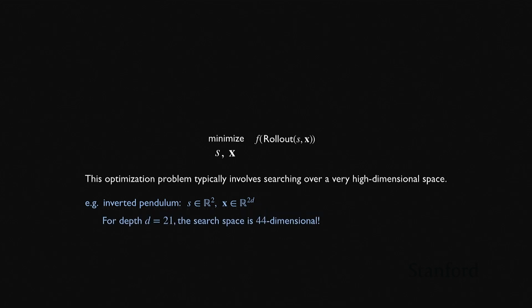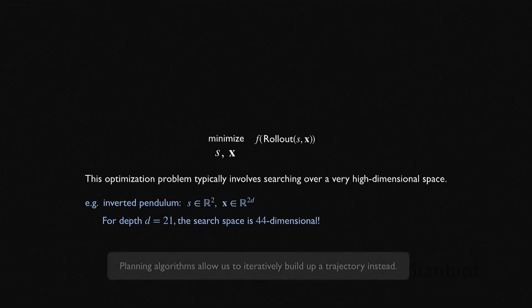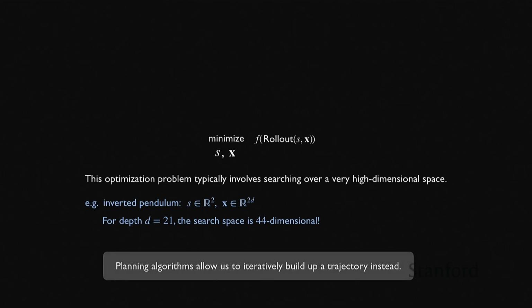If we had a depth of 21, which is actually even smaller than the depth we had been looking at, which was 41, the search space is going to be 44 dimensional. This is already pretty big, and that's not even a huge problem. For bigger problems with bigger states or bigger disturbances, it could be hundreds of dimensions that we're trying to search over. That's a lot to do all at once. So what planning algorithms allow us to do is to iteratively build up this trajectory instead.